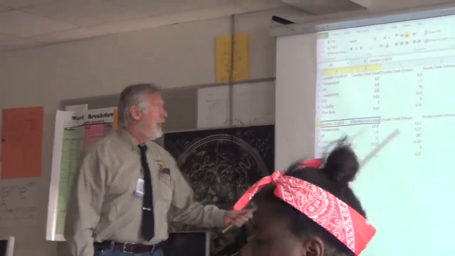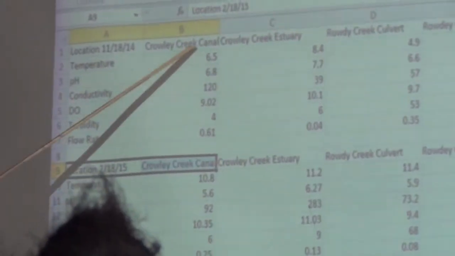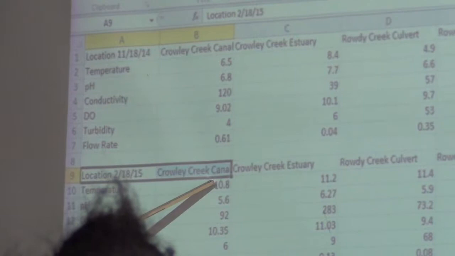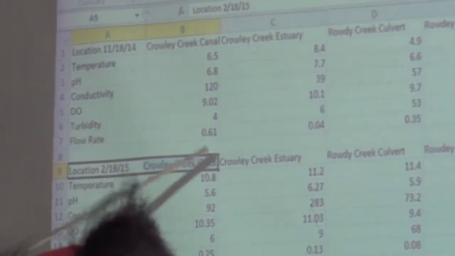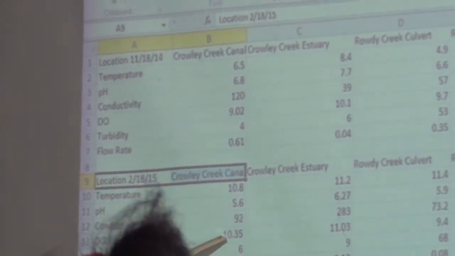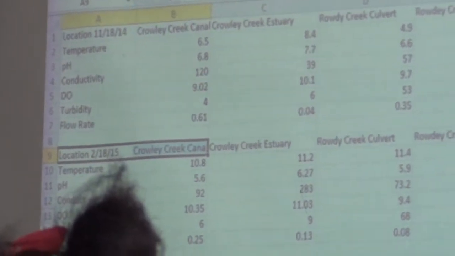All right, so here we have a situation where the temperature has increased. You with me? Yes. Yes, sir. Has increased, but look at what the dissolved oxygen has done. It's also increased. How does it do that?